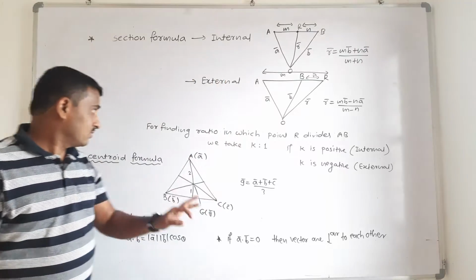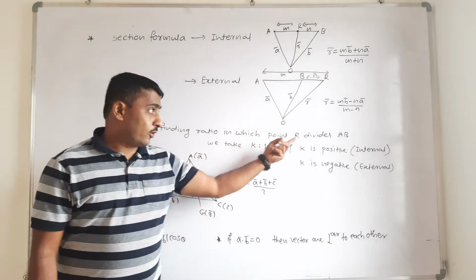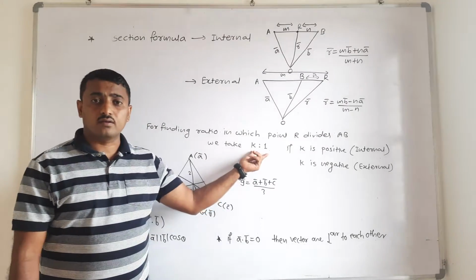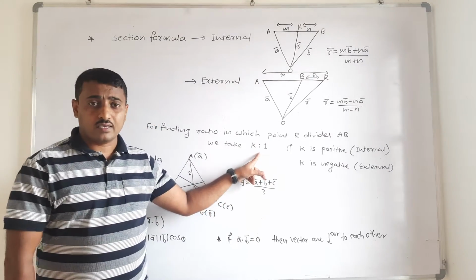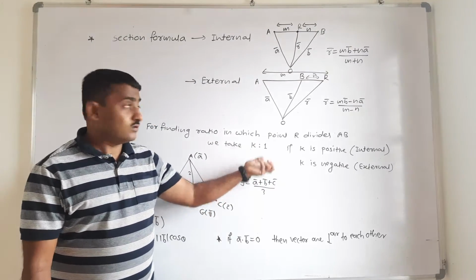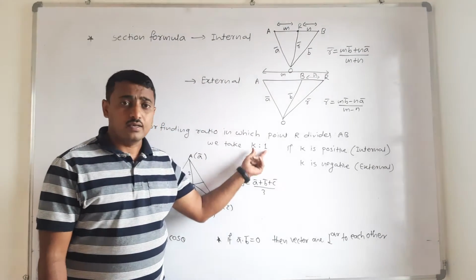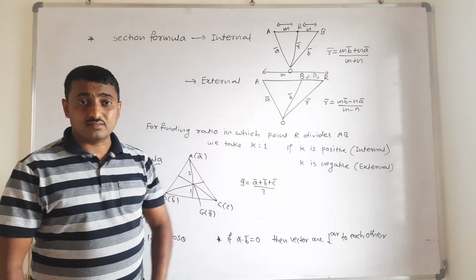You already know this. Just a hint here, for finding the ratio in which point R divides AB, we take k as 1. आपल्याला जर रेशो कॅल्क्युलेट करायचा असेल तर आपण k:1 हा रेशो घेणार. Then we use internal formula directly. Internal formula with k:1, that is m is equal to k and n is equal to 1. And just solve this.